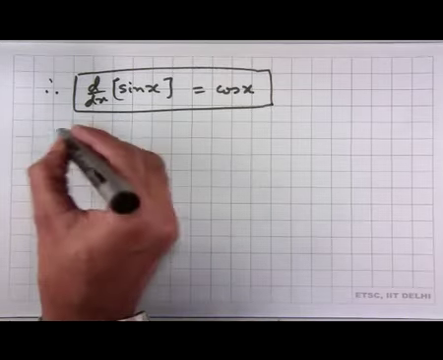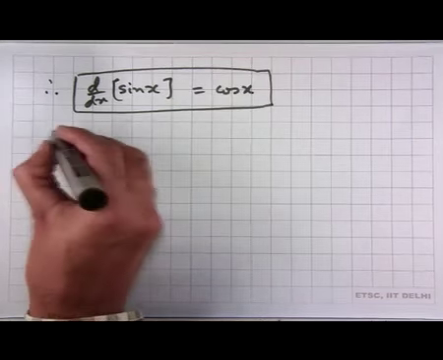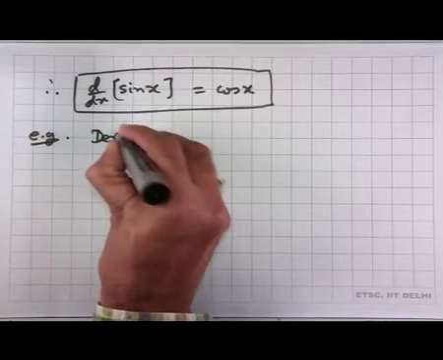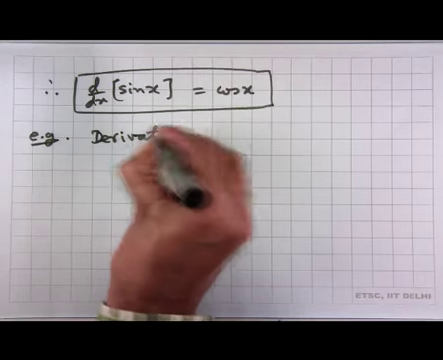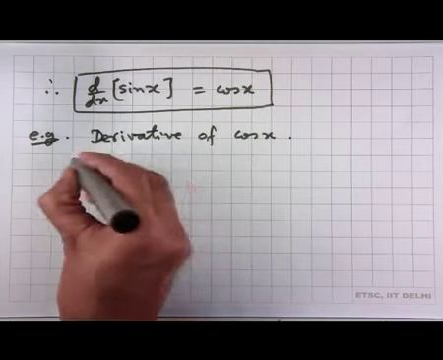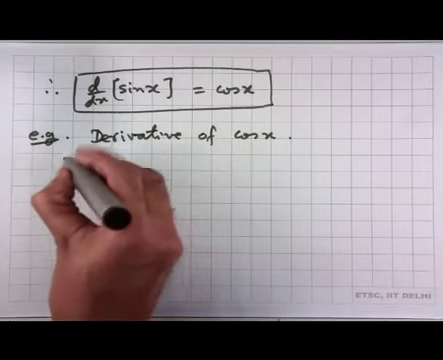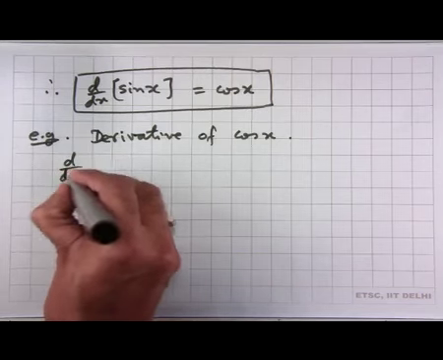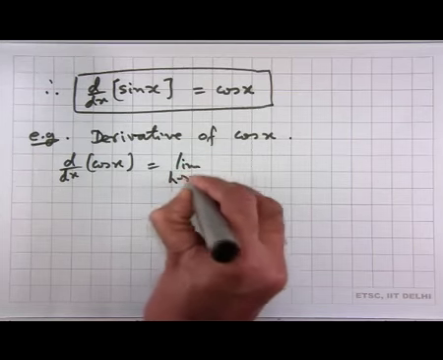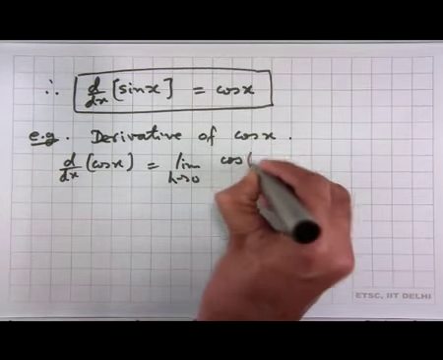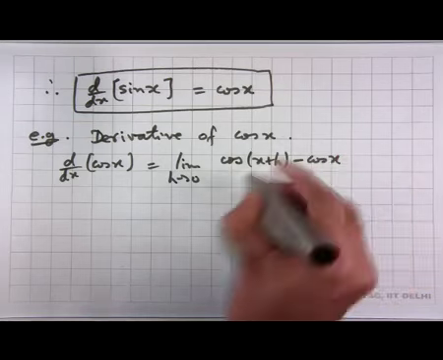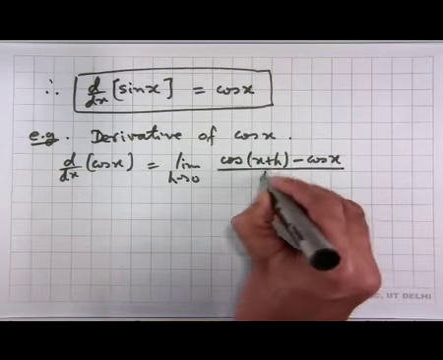So, then one can ask for the derivative of cos x. Again, if you calculate this derivative d by dx of cos x, this will be equal to the limit of h going to 0 of cos of x plus h minus cos of x by h.